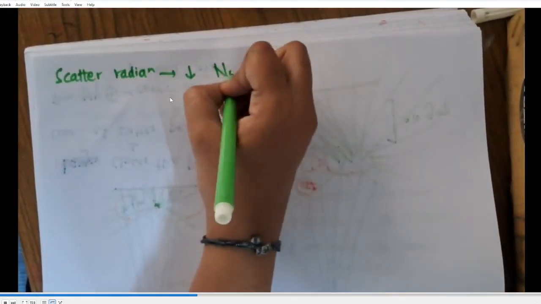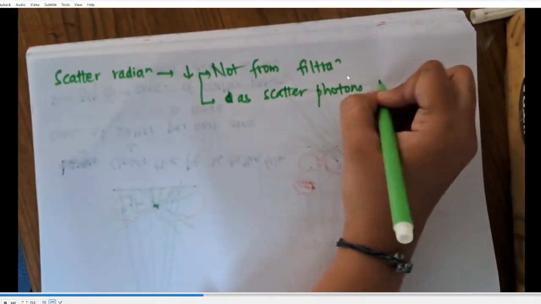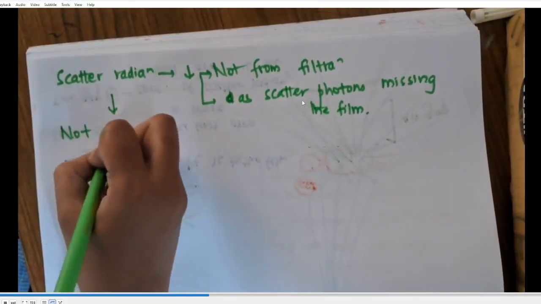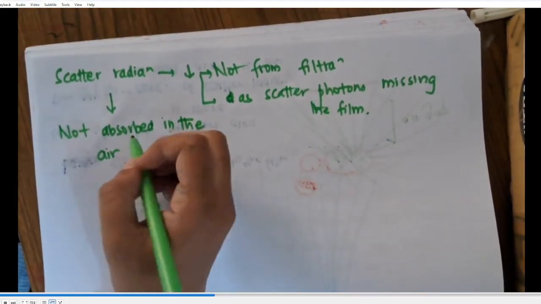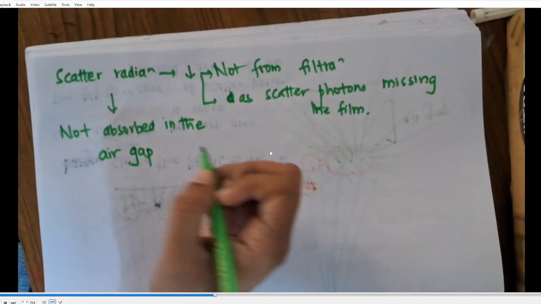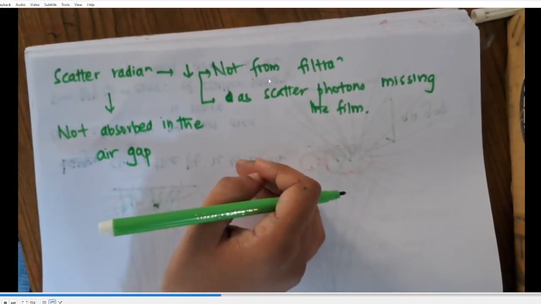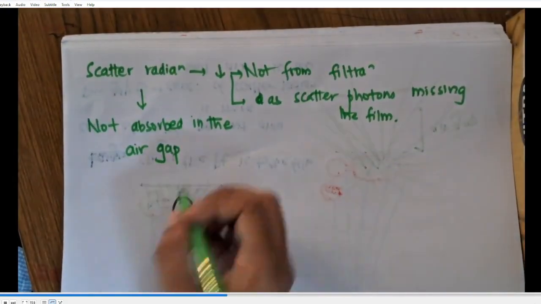For the air gap technique, the scattered radiation decreases not from filtration but because the scattered radiation will miss the film. Scattered radiation is not absorbed by the air, it just misses the film. The name air filtration has been applied to this technique, but there is no decrease in scattered radiation from filtration.